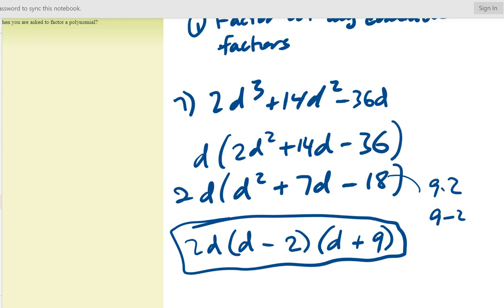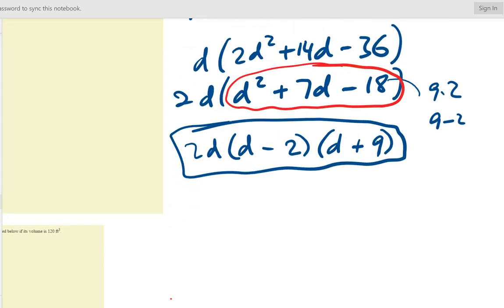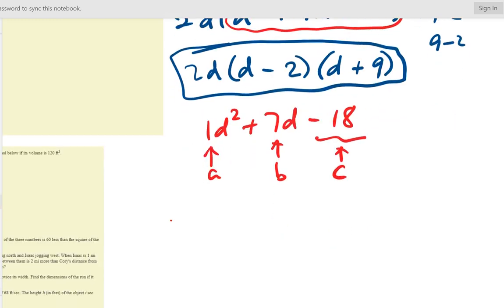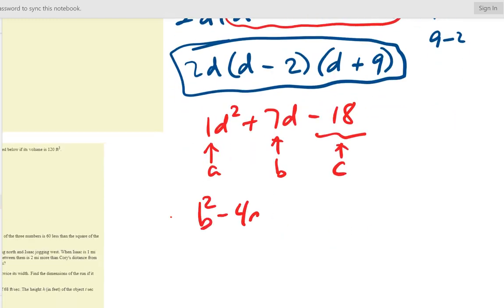Now, this trinomial, this polynomial of 3 terms, was factorable, but it doesn't always have to be. There's a trick to see if something's factorable, and we're going to get to it a little later on, but let's look at the numbers. You have 1d squared plus 7d minus 18. Call the 1 A, the 7 B, and negative 18 C, and perform b squared minus 4ac.